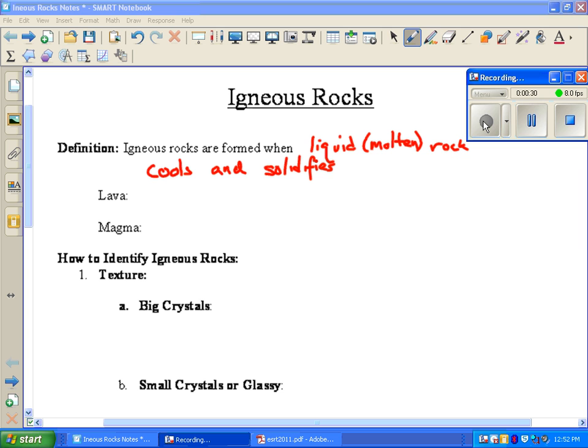So lava is liquid rock or molten rock when it's above ground.